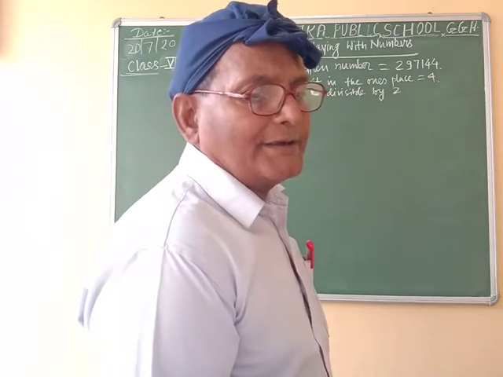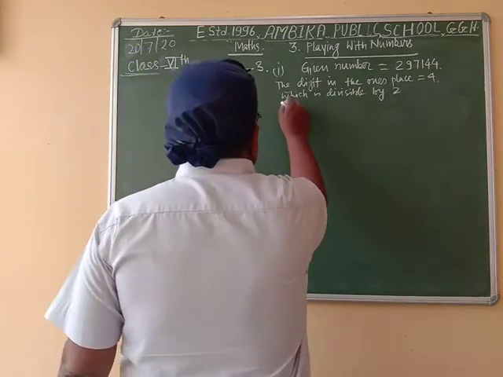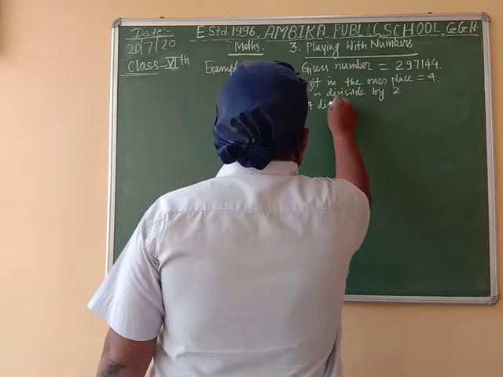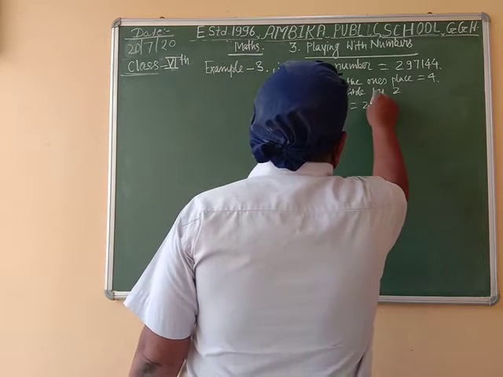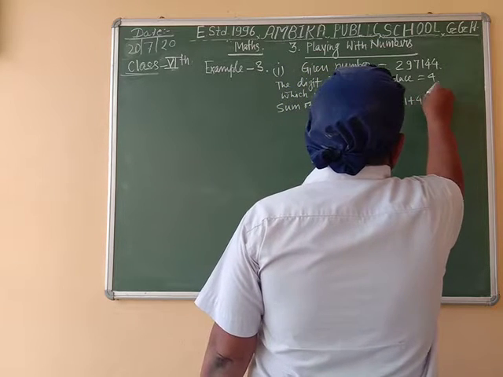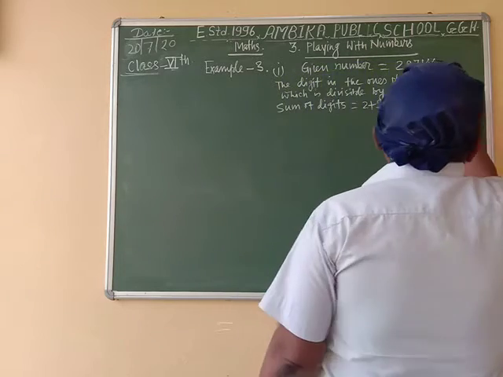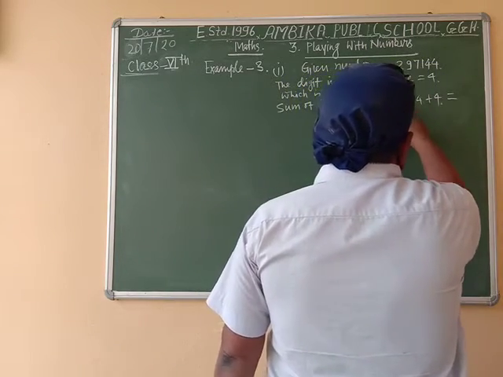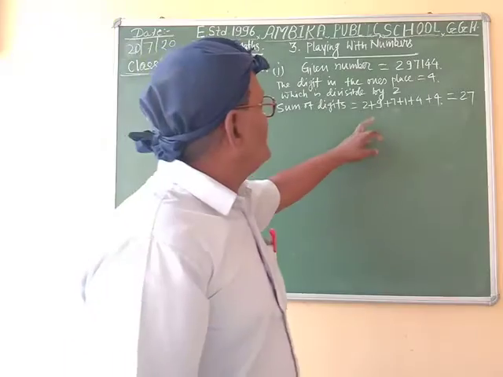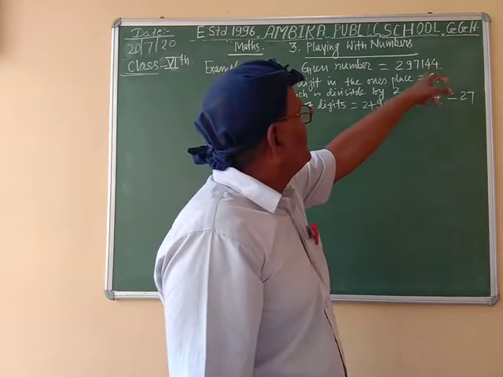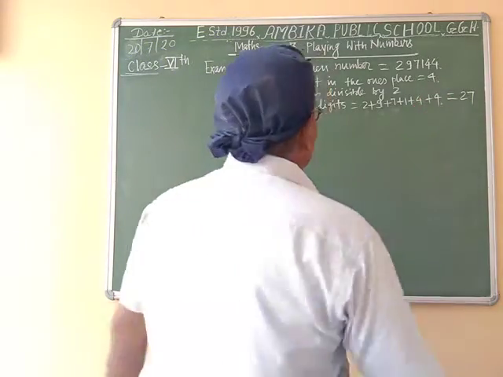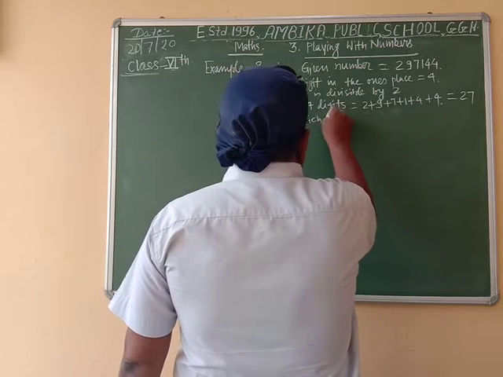The sum of digits is equal to 2 plus 9 plus 7 plus 1 plus 4 plus 4, which is 11, 18, 19, 23, 27. The sum of digits is equal to 27, which is divisible by 3.